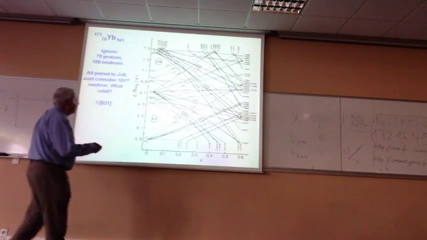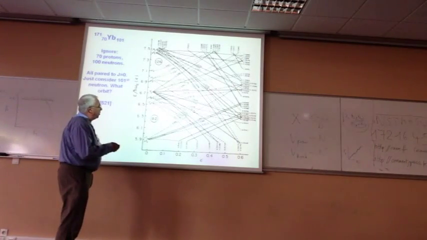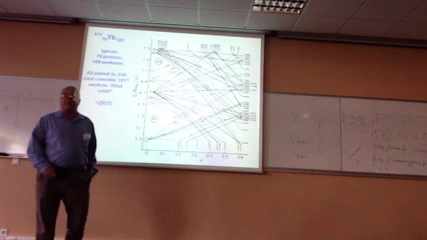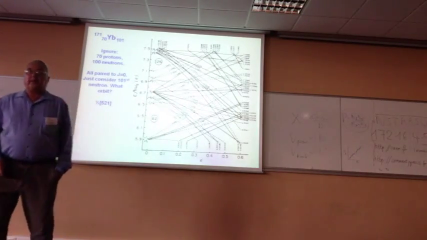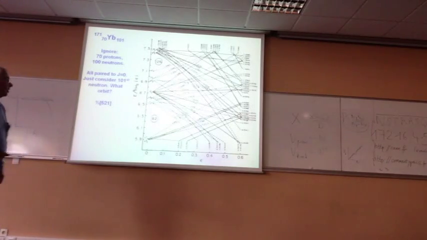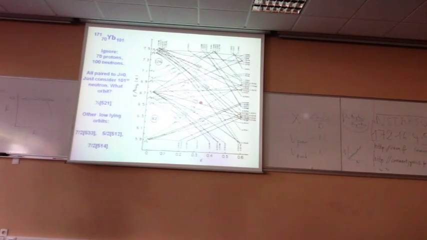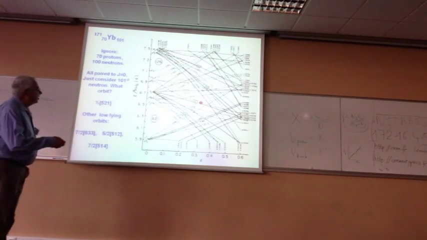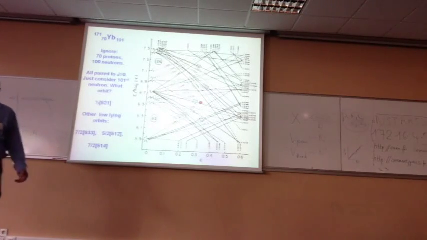We could also take this particle here and put it up into this orbit, which is 5/2 512, so we expect a 5/2 minus state. So the lowest couple of states we expect would be a 1/2 521 ground state, and then other low-lying orbits, 7/2 633, 5/2 512, 7/2 514, I didn't mention that, that's this one. So that's what we would expect.